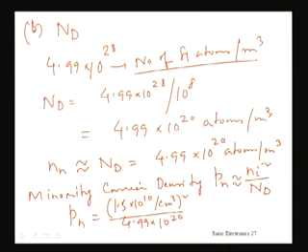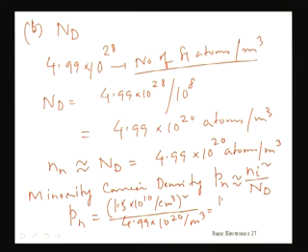But in this way, it will be wrong if I do like this, because this is in per meter cube. So, I have to bring this numerator to the same unit as in the denominator. So, I will have to bring this centimeter cube to meter cube.